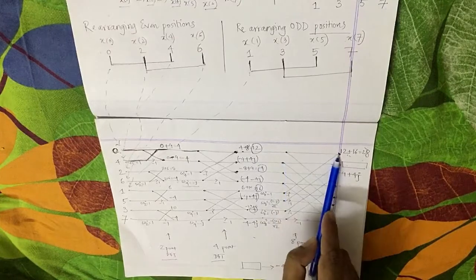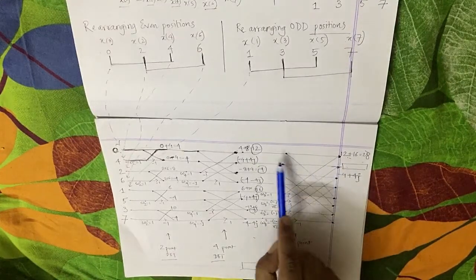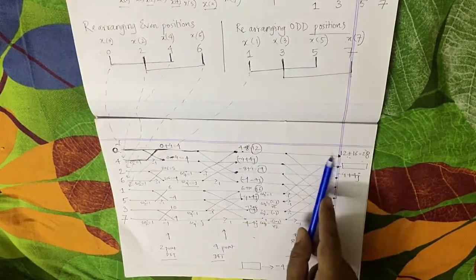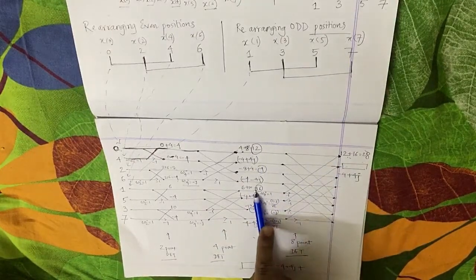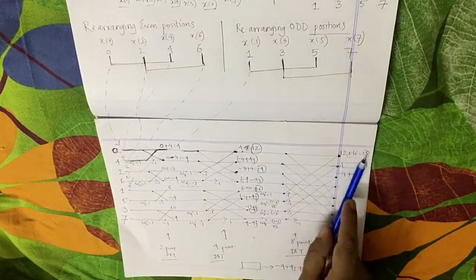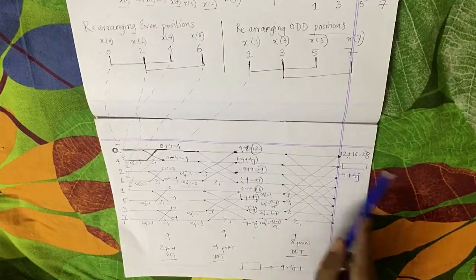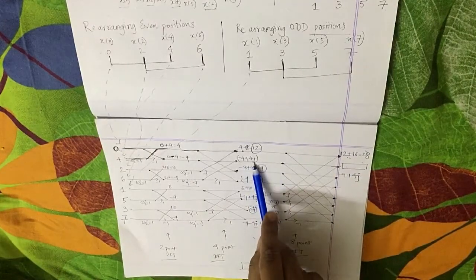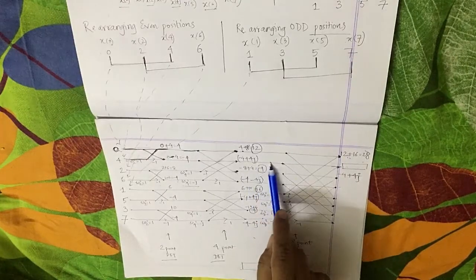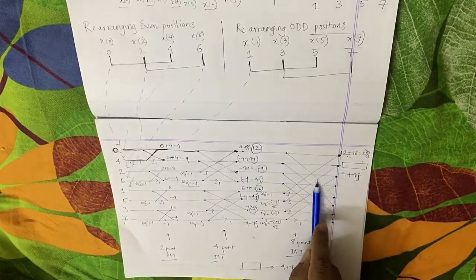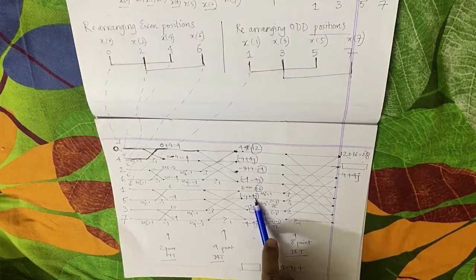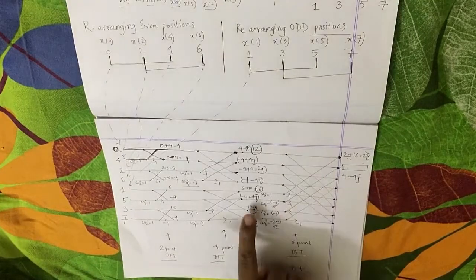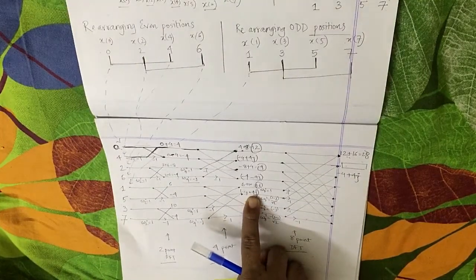So this 12 will be added with this 12, goes into the straight line, and from the curved path we have this 16. The 12 plus 16 added together gives us a result of 28. Fine. What about this one? This minus 4 plus 4j goes here, and from the curved path we have this value. Which value? This value. Minus 4 plus 4j.